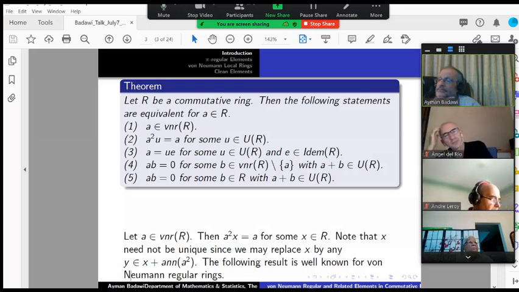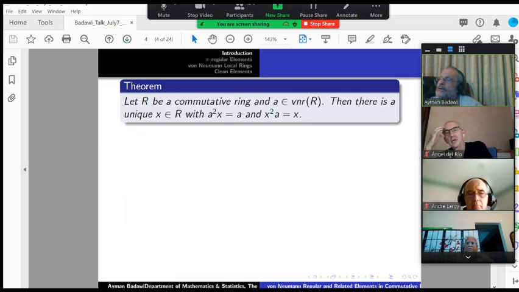But the following result is well known, and I will share it with you. What does it say? Let R be a commutative ring and a be a von Neumann regular element.